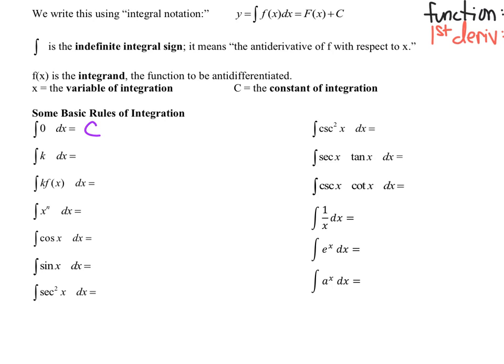It's kind of weird because not all constants are created equally. You have the constant of integration, but then you have constants of whatever. It's going to be Kx plus C. So this K might be like a constant of proportionality.